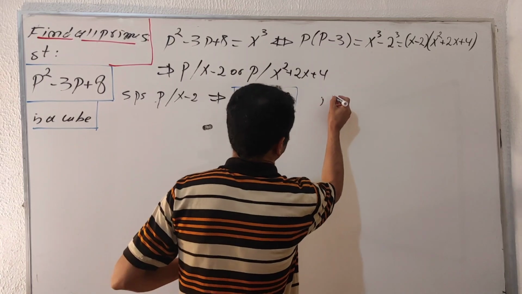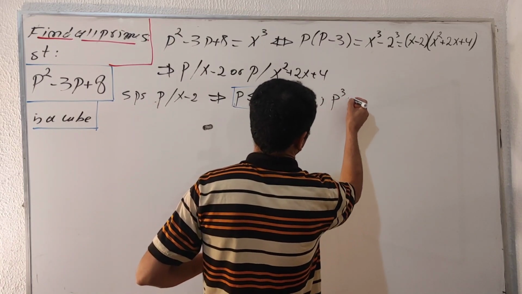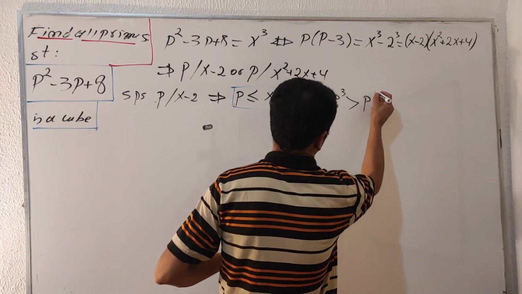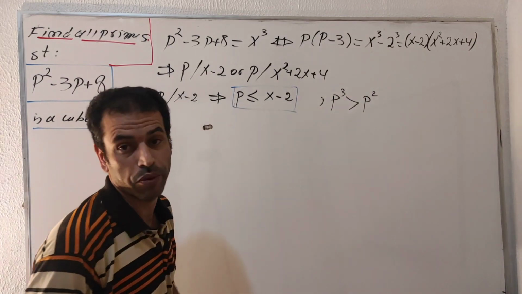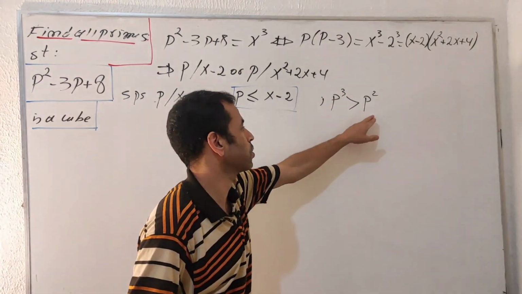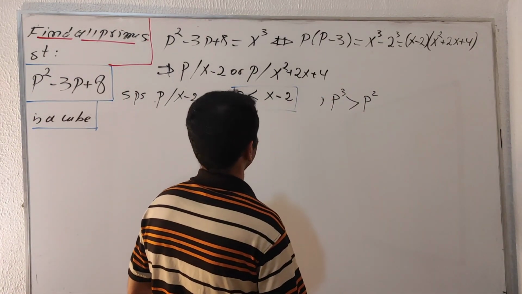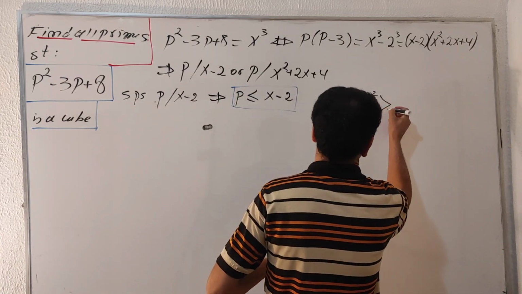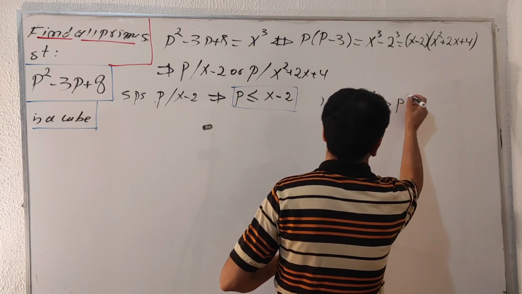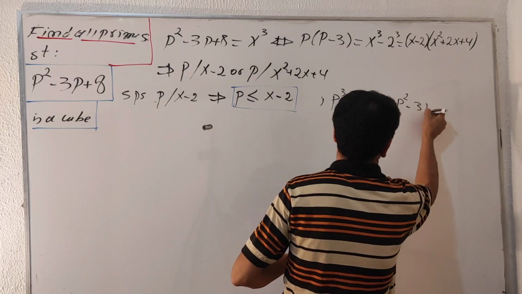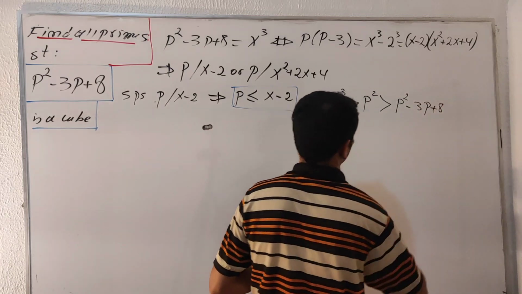We know also p cubed is strictly greater than p squared, because p is a prime. This one is always bigger than this one. And then also p squared is strictly greater than p squared minus 3p plus 8.